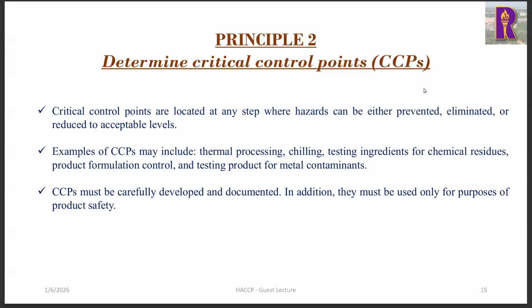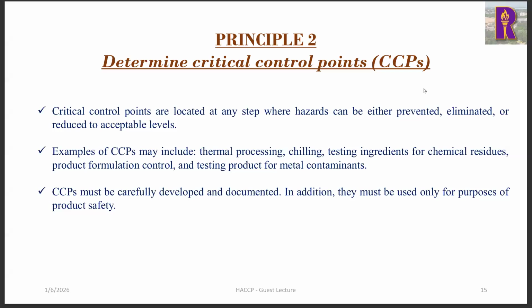The temperature of the chiller would be 4 to 7 degrees, the freezer would be minus 18 degrees, and the deep freezer would be minus 40 degrees. Each temperature applies to different types of products. When the temperature of that product doesn't fall within the range, rectification of the CCP is required over that process.